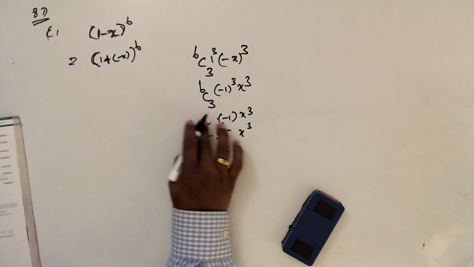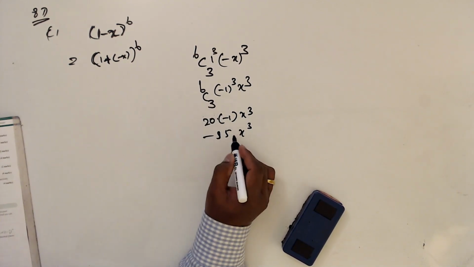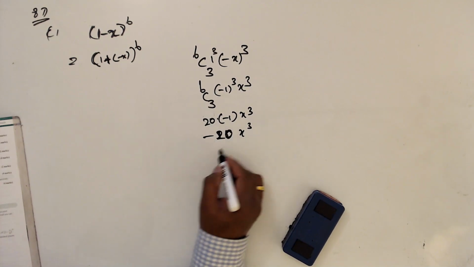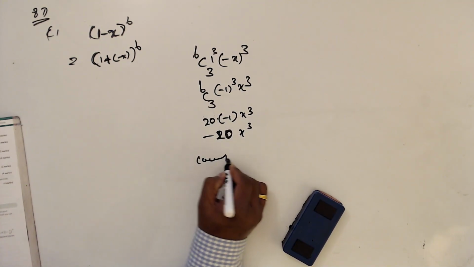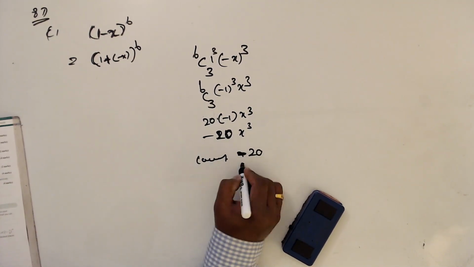Actually this is 20, so this is minus 20 x cubed, so the coefficient is minus 20.